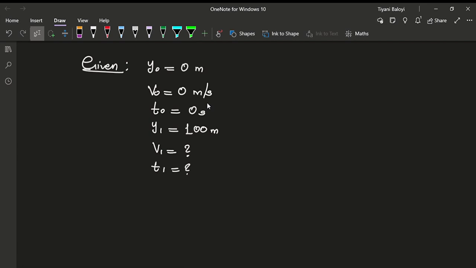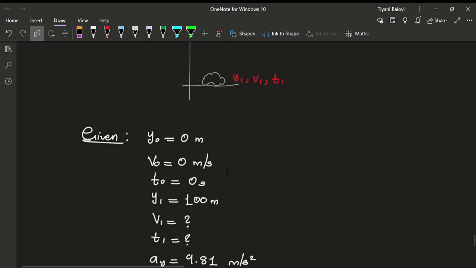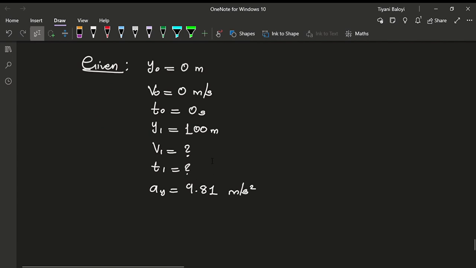Since we're taking downward as positive, a is positive 9.81. Some people use 9.8, but I prefer 9.81. It's much more accurate this way.